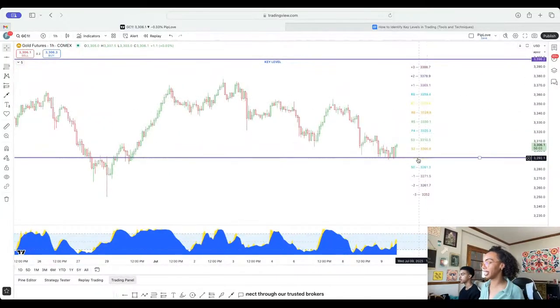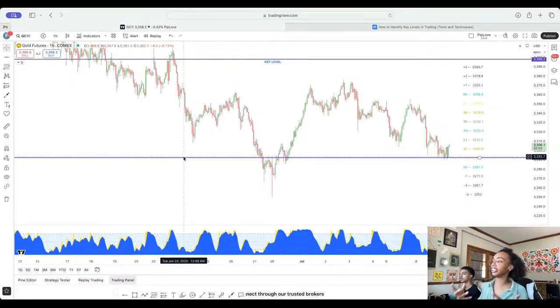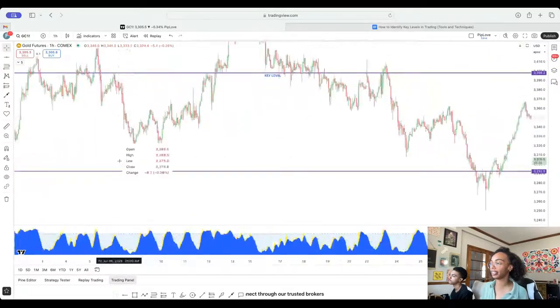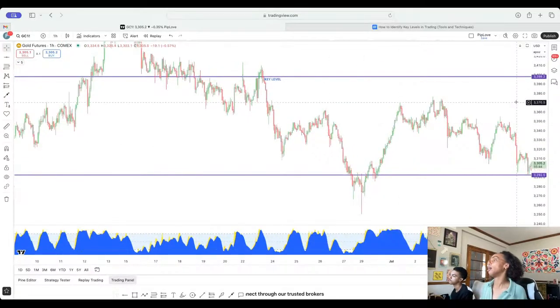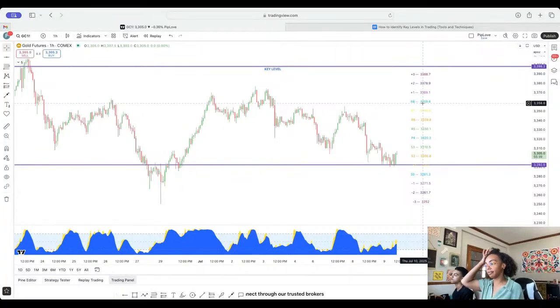You look at these levels here and then scroll to the left to see exactly why it is using 32.93 as an S1. Oh, you go back, and this was support in the past. You have to go back and see exactly why those levels are marked as they are.